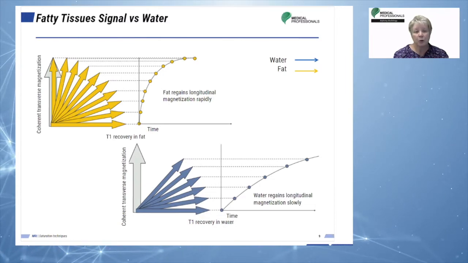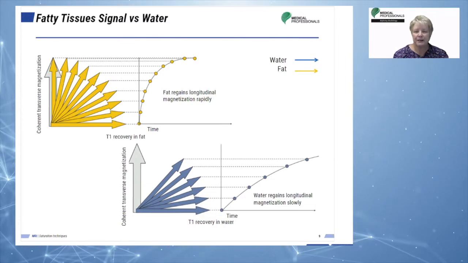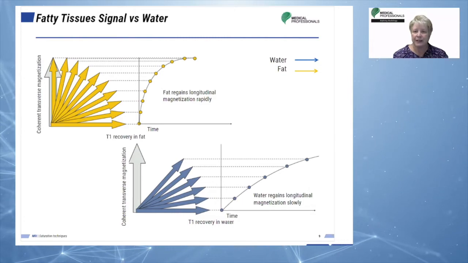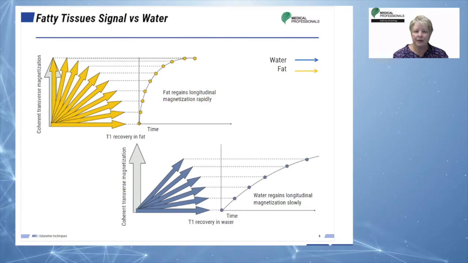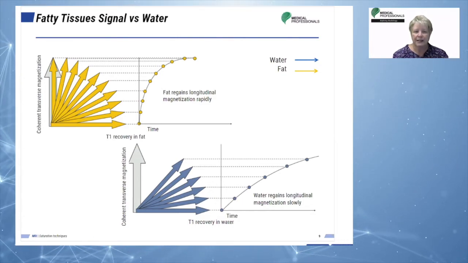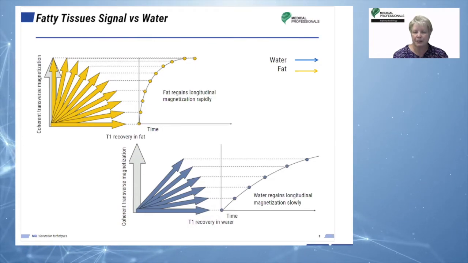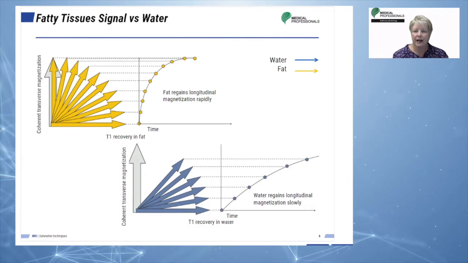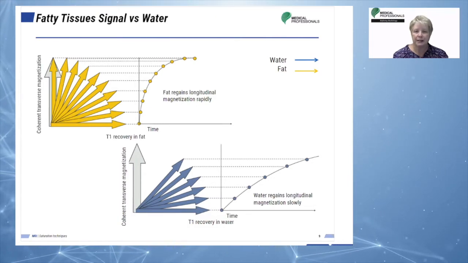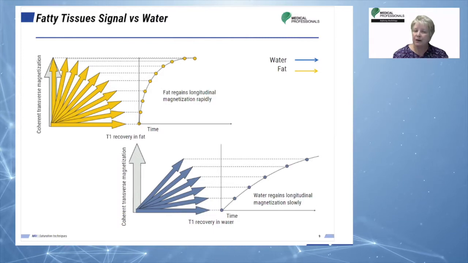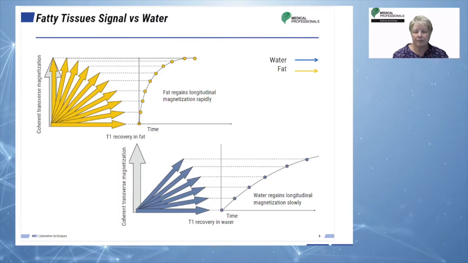Fat signal can be annoying in some T2 weighted sequences, creating difficulty in separating fat from the other tissues. In addition, fluid signal appears to be in hypersignal during T2 weighted sequences and dark on a T1 weighted sequence, which can mimic or cover up pathology.